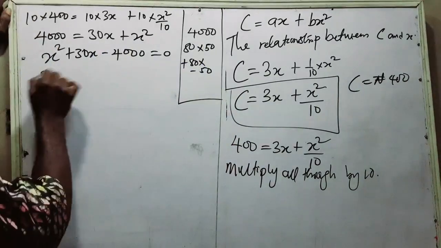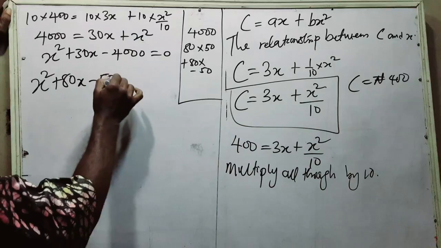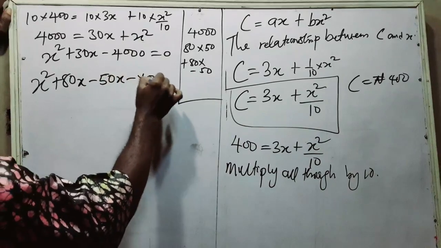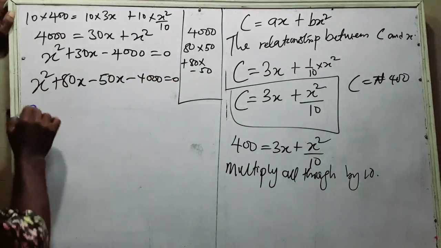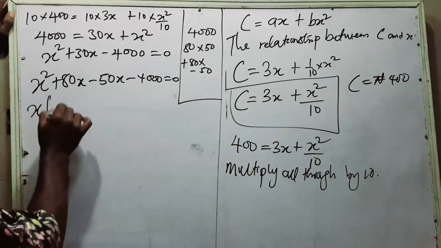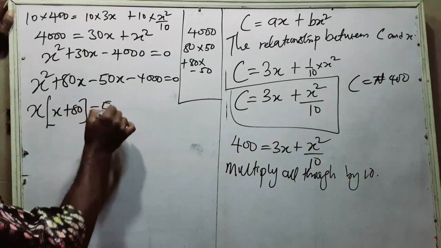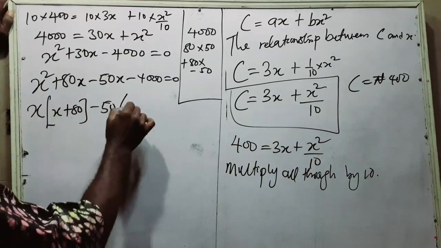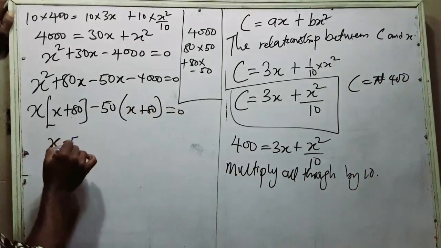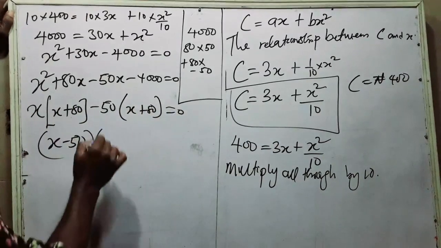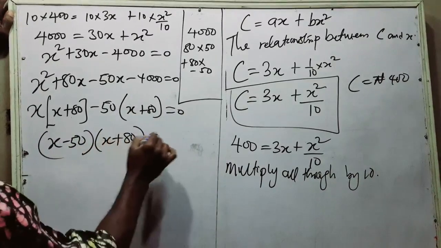So we have x squared plus 80x minus 50x minus 4,000 is equal to 0. Let's split it two by two: x times x plus 80, now minus 50 is common, remaining x plus 80 is equal to 0. So x minus 50 times x plus 80 is equal to 0.